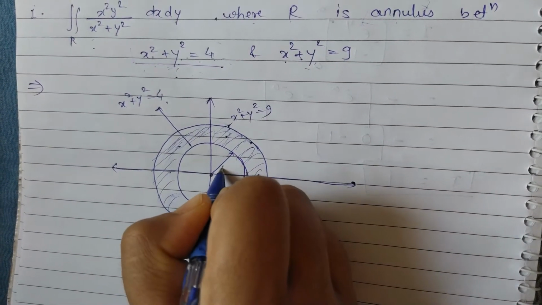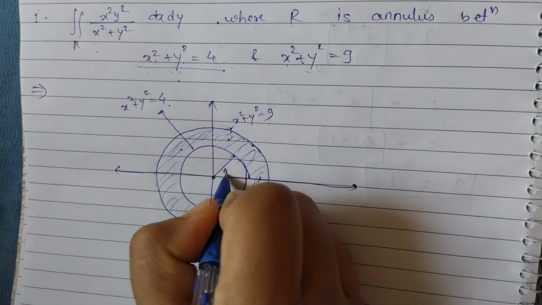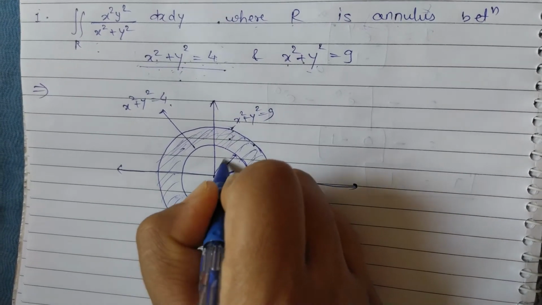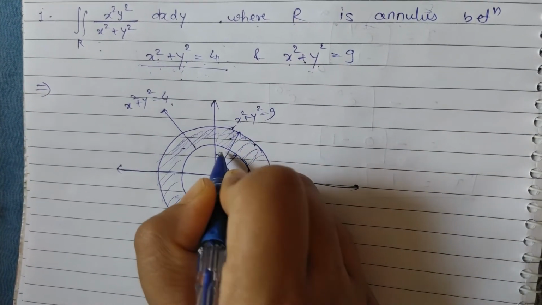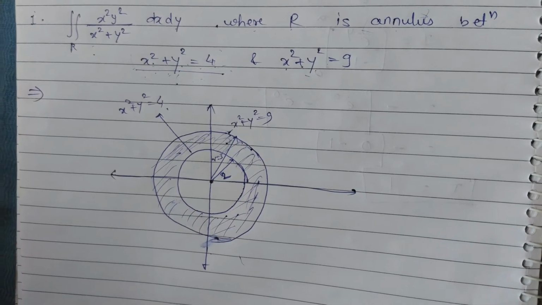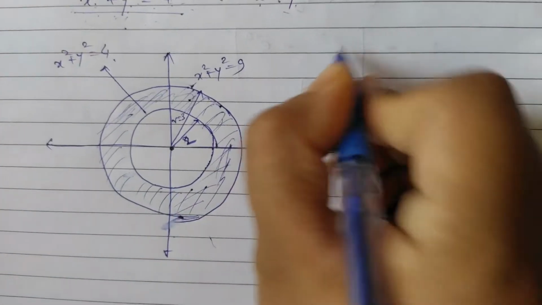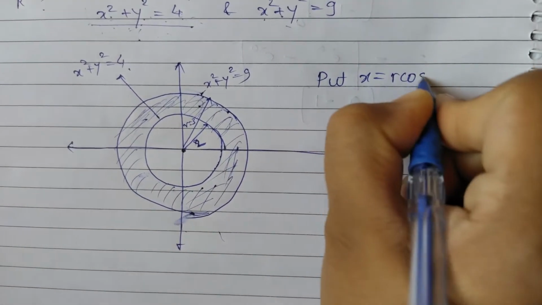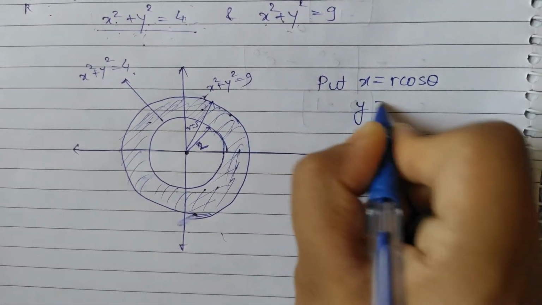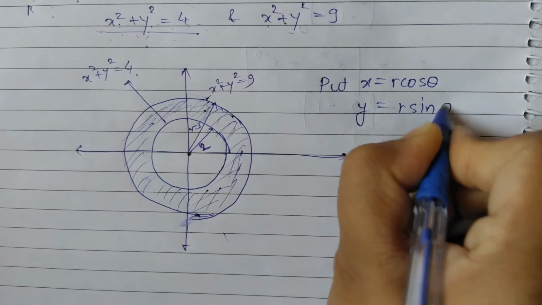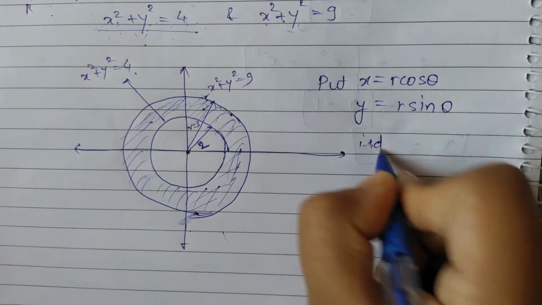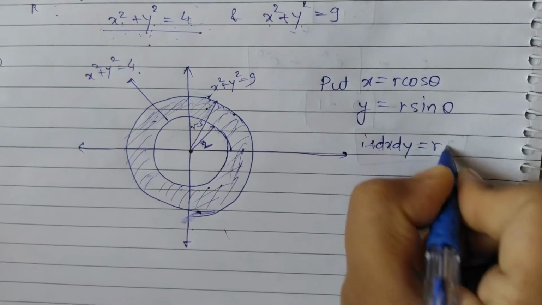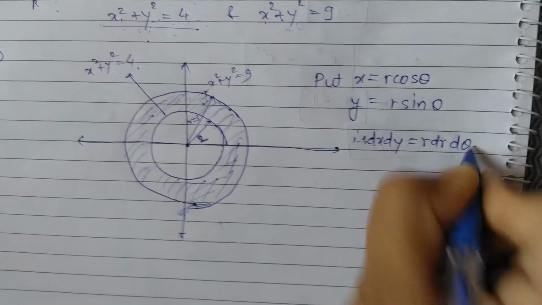This is the circle with radius 2, and this is the circle with radius 3. So first put x is equal to r cos theta and y is equal to r sin theta. That is dx dy becomes r dr d theta.